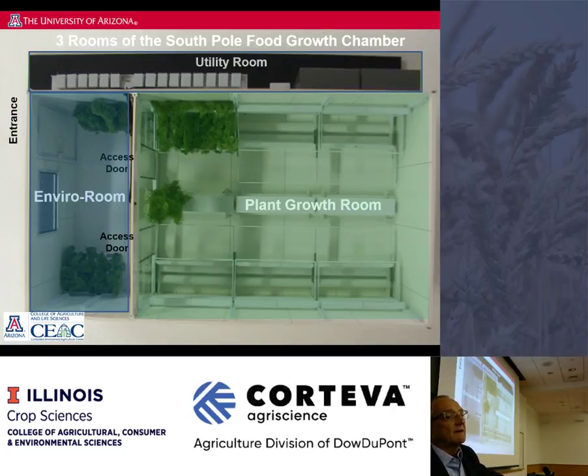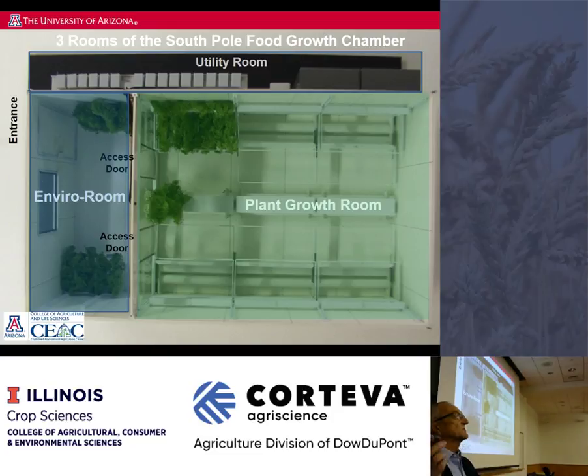To take a look at that from above, it's 3 rooms. The plant growth room itself, where we provide the environment that the plant needs. The enviro room, and can you imagine what the enviro room is? That's the place where people who've been living in the dark and smelling only diesel fuel and only showering once a week go to get away from the fluorescent lighting of the building and see high pressure sodium lights that look like the sun.